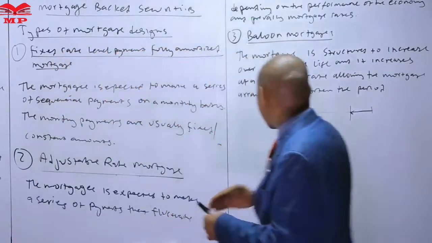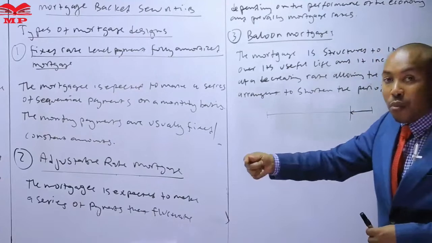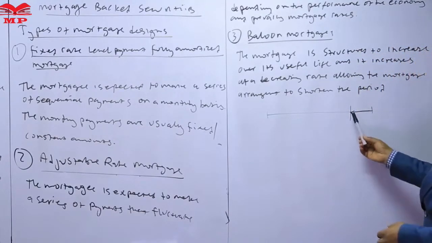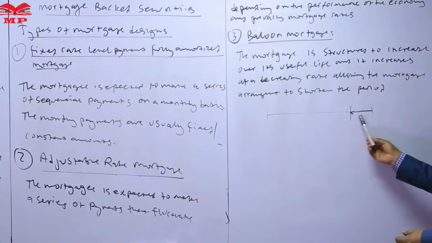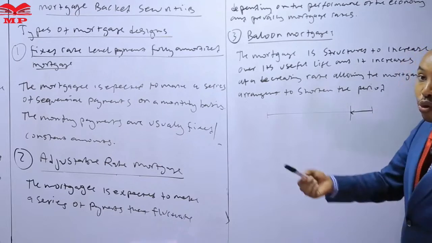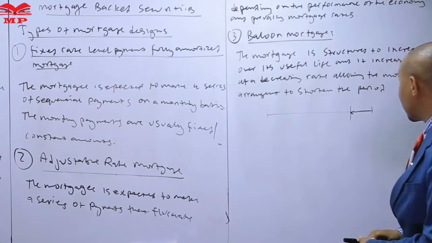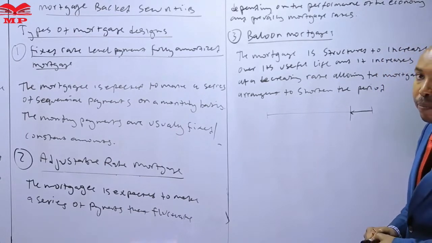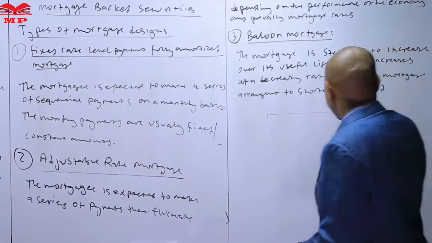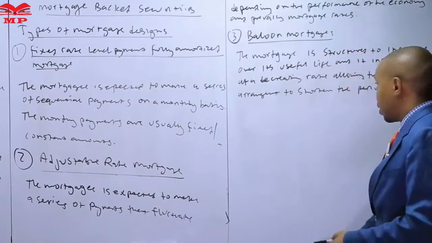Because you're contributing much more over the life of the mortgage, you should expect the mortgage to reduce in duration, because you're making additional payments, what we call prepayments. You're prepaying over and above the amount that you're supposed to pay.